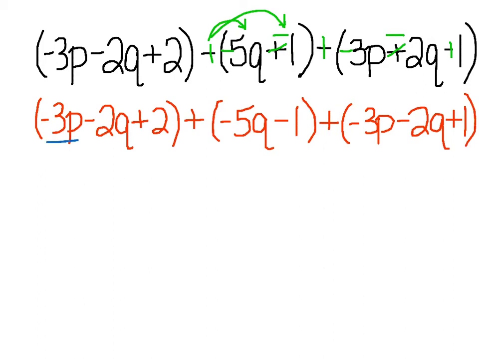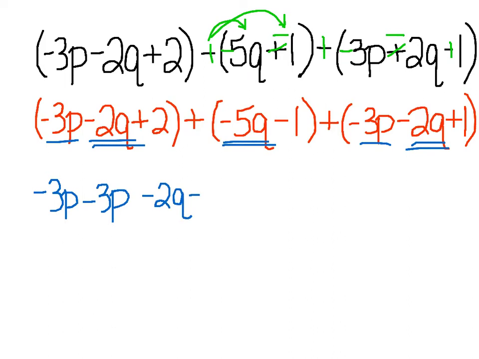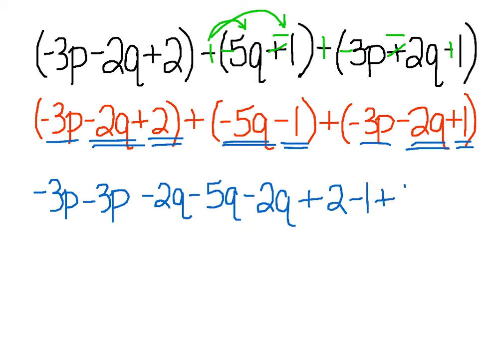So we have our p's, which is negative 3p minus 3p. We have our q's, which is negative 2q minus 5q minus 2q. And then we have our numbers, positive 2, negative 1, positive 1. So plus 2 minus 1 plus 1.